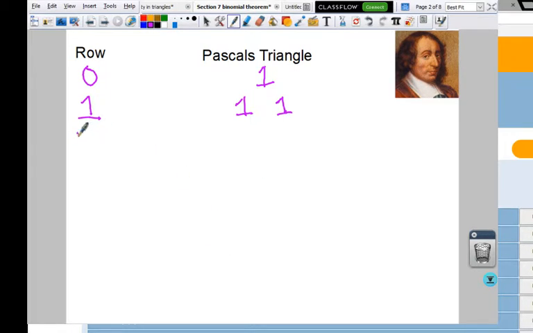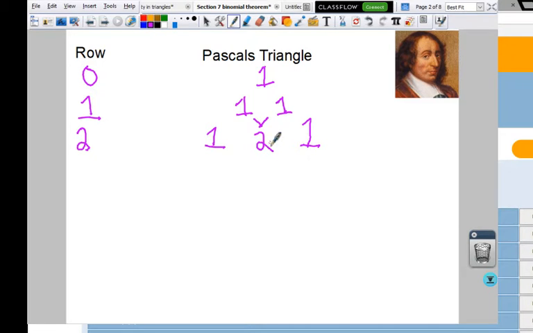Row 2. Every row in Pascal's triangle starts with 1 and ends with 1. So I'm going to start with the 1 here. And then all the rest of these, I'm going to get by adding together whatever is above it. So we are going to add together these 2 to get the number 2. And then we're going to end with another 1.